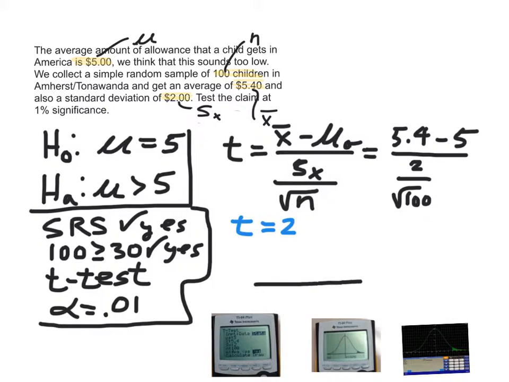Just like doing a z-test, we have to visualize the probability by creating a model using a curve. And in this case, since we're using a t-test, we're actually using a close cousin of the normal curve called the t-curve. And the t-curves are very similar to normal curves.